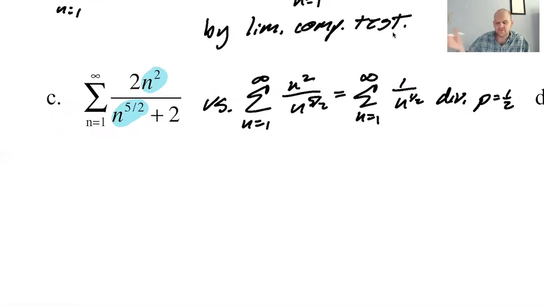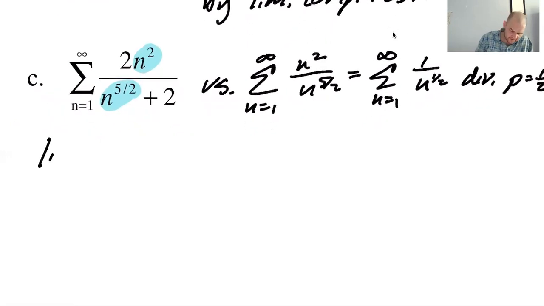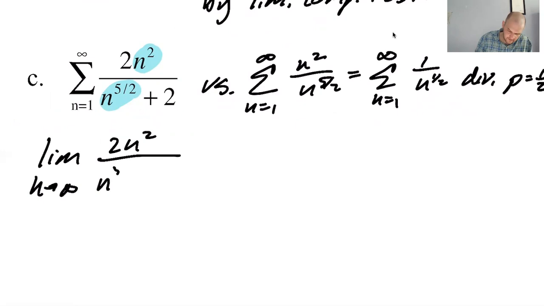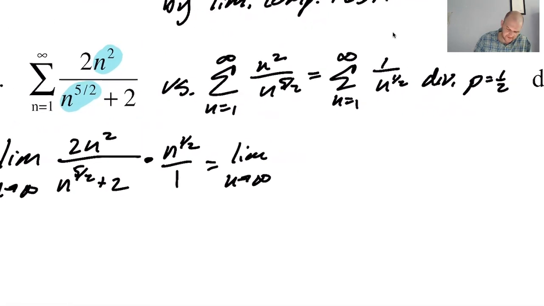So we do the limit as n approaches infinity of 2n squared over n to the 5/2 plus 2, times n to the 1/2 over 1. I'm always inverting the bottom of the ratio because it skips a sort of unnecessary step.